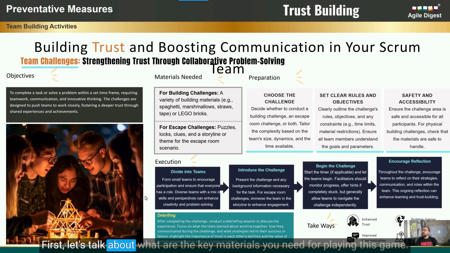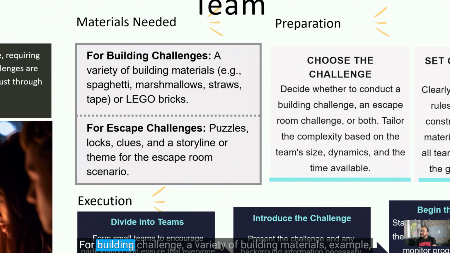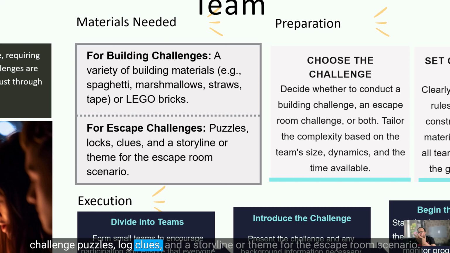First, let's talk about the key materials you need for playing this game. For a building challenge, a variety of building materials, for example spaghetti, marshmallows, straws, tape, or Lego bricks. You can have any materials for the game that you want to play. And for an escape challenge, puzzles, locks, clues, and a storyline or theme for the escape room scenario.